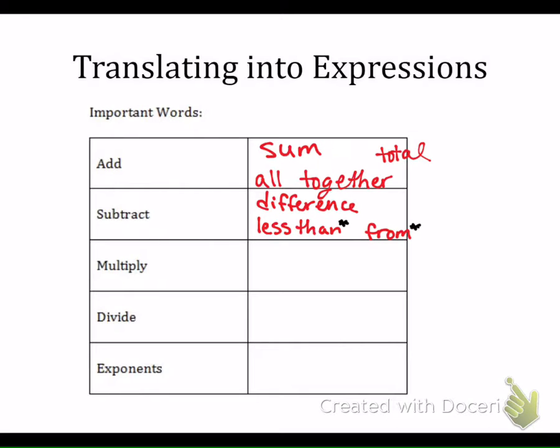If you want 5 less than 10, you're actually starting at 10 and you're taking 5 away. So when you say less than or from and you're subtracting, you got to flip-flop the order, and we'll practice that a lot. It's kind of tricky for a lot of students. Okay, so those are the different ways to say adding and subtracting.